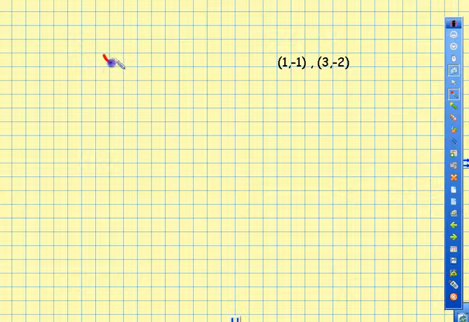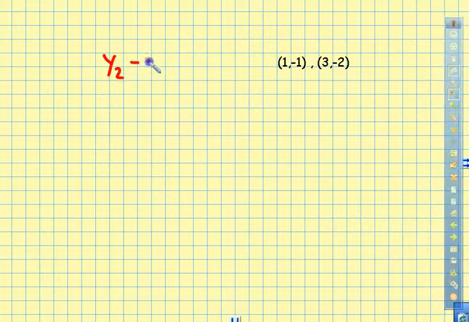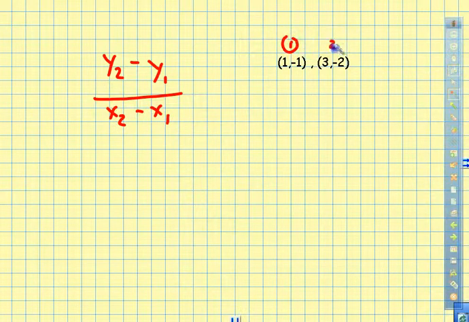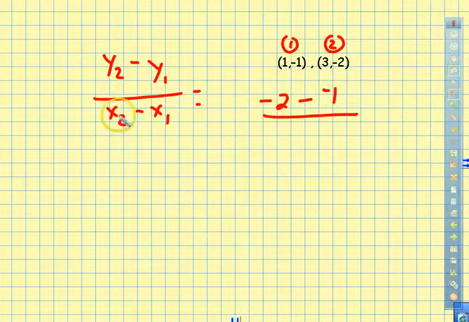So we have, again, y2 minus y1 over x2 minus x1. This will be my first set. This is my second set. So let's plug it into our formula. So y2 would be negative 2 minus y1, which is negative 1, over my x2, which is 3, minus x1, which is 1.